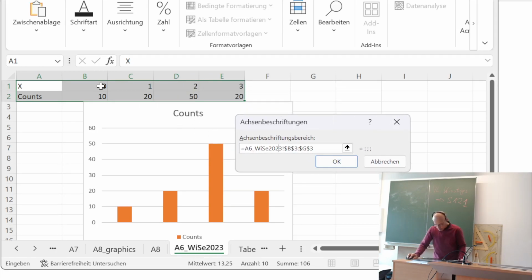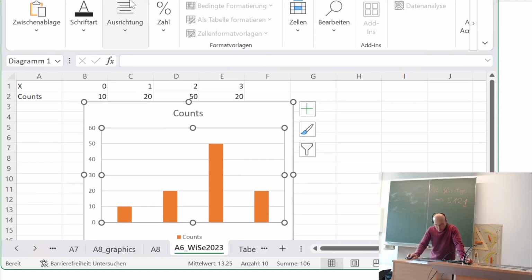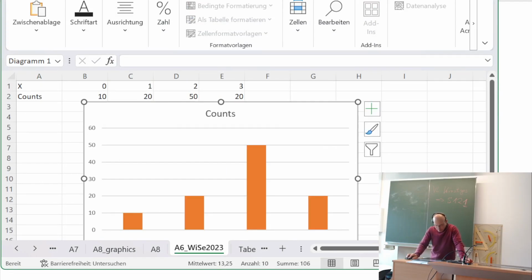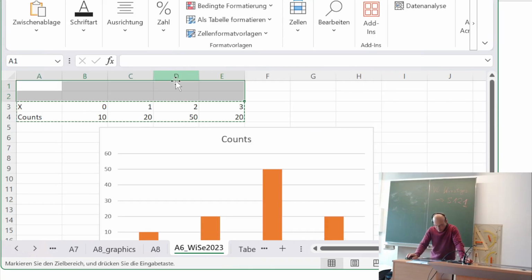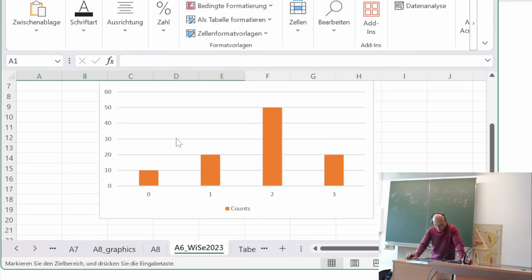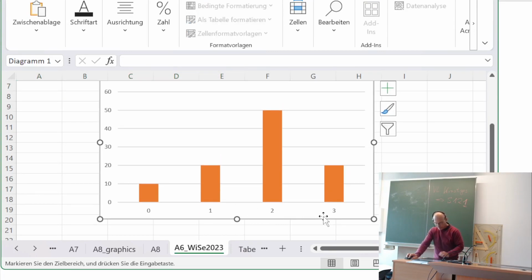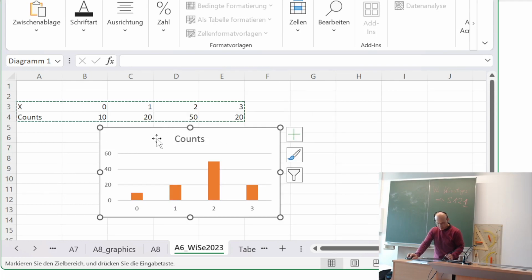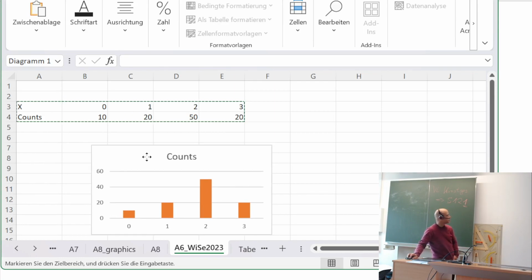This should be B3 until this one. So this is how our data looks like.